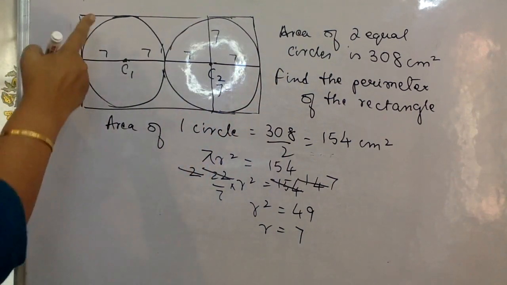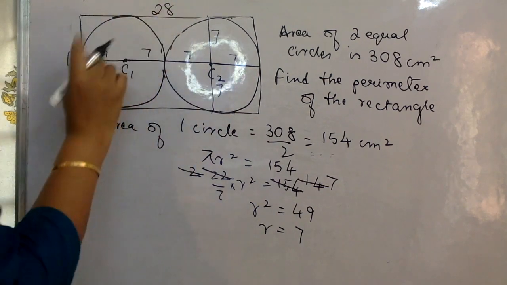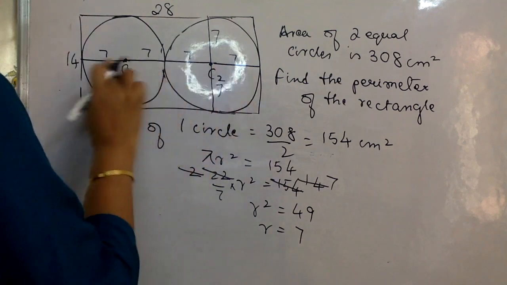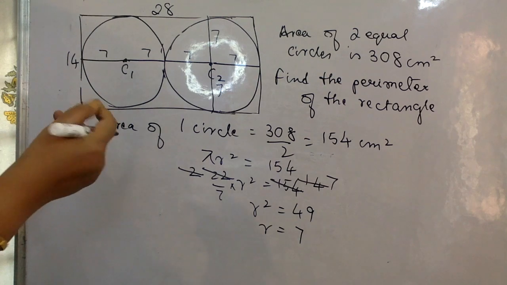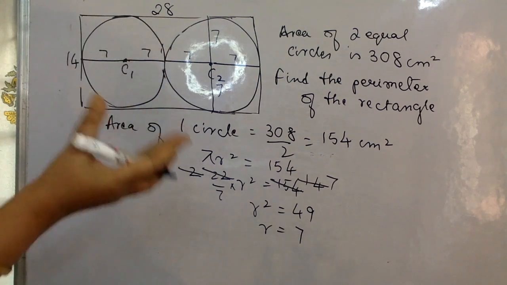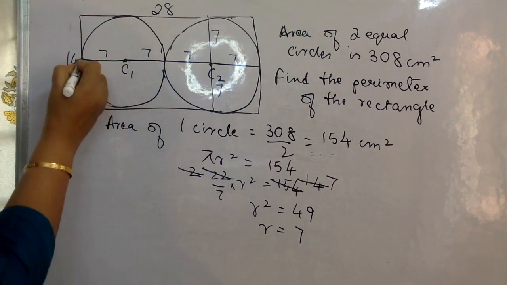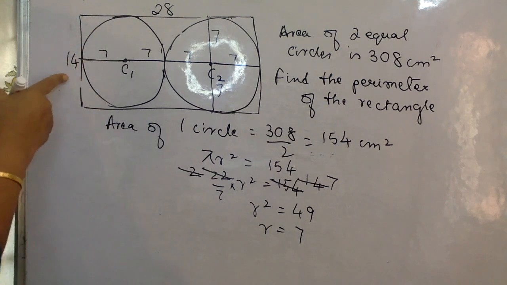It's a 14 as a width, and here it is a 28, right? 7 into 4, 28. So 7 plus 7 plus 7 plus 7 is nothing but equal to the length of the rectangle. Now you might say that the radius is coming like this. No, if the radius is touching, this side of the rectangle acts as a tangent.